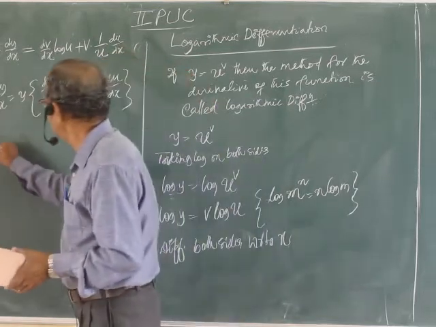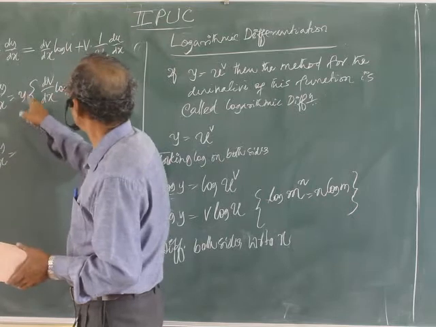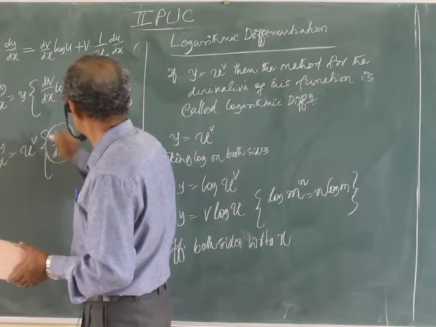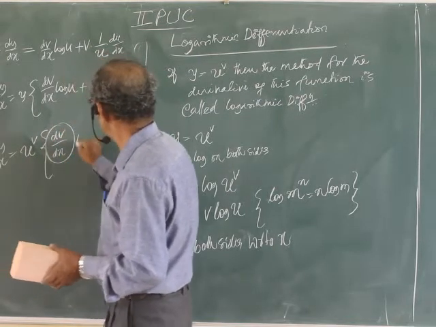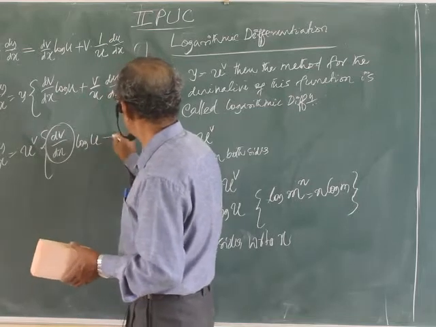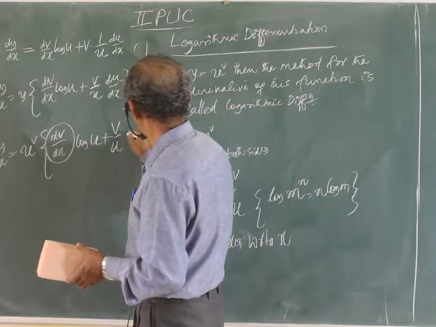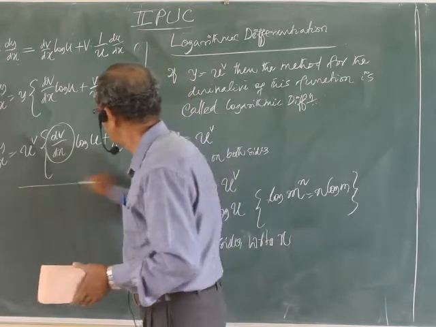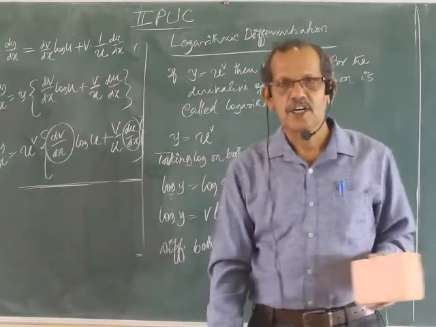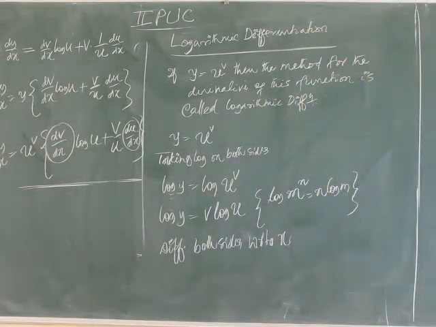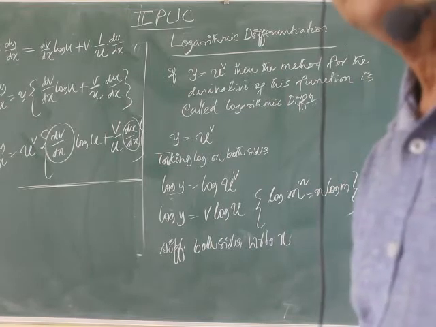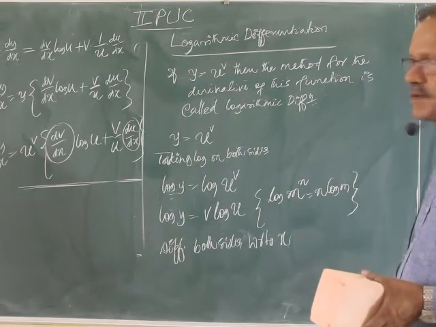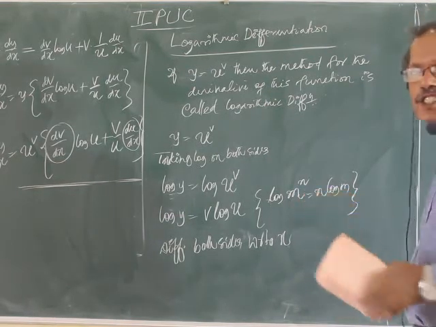So dy by dx equal to y, which is u to the power v, into dv by dx log u plus v by u du by dx. Over. This is how you have to find the derivative of the function, logarithmic differentiation.